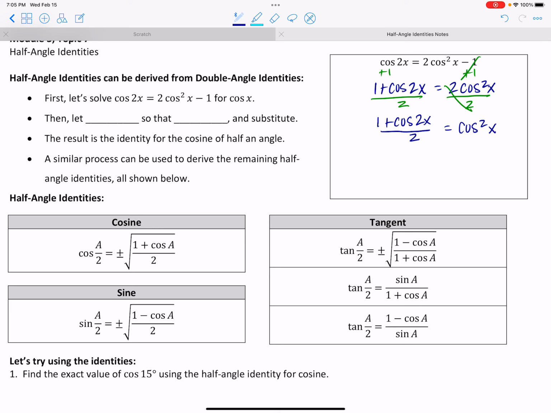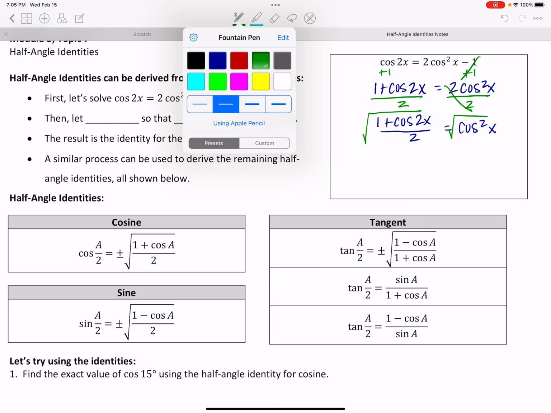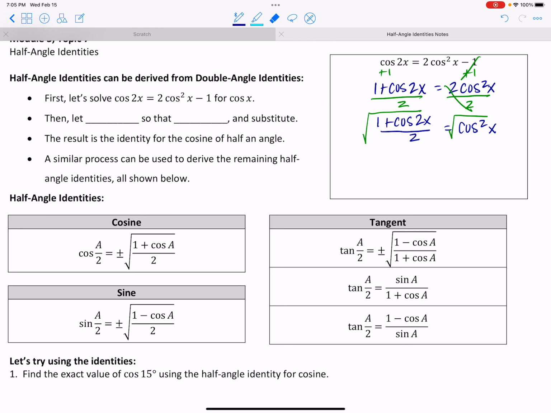Now I'm going to get rid of the square by taking the square root. So the cosine of x is equal to plus or minus, don't forget that little detail when you take the square root to solve, the square root of 1 plus the cosine of 2x, all divided by 2.